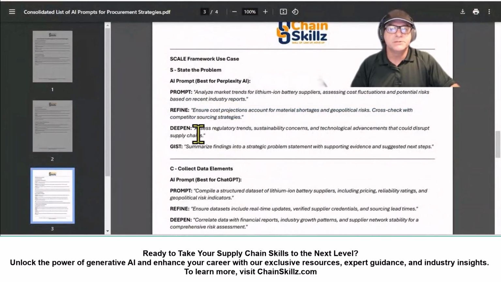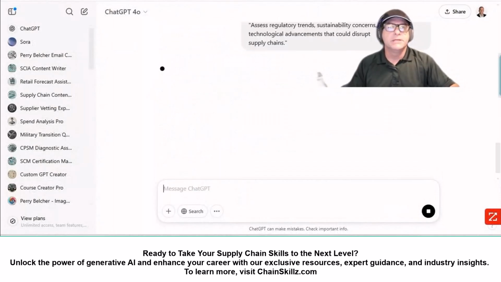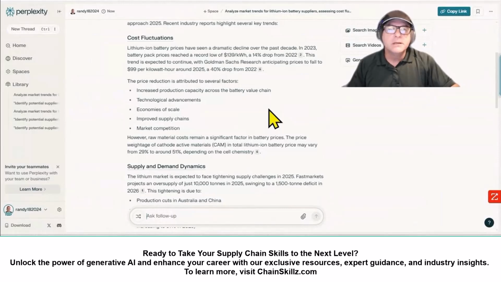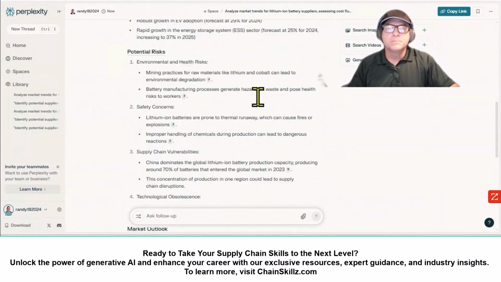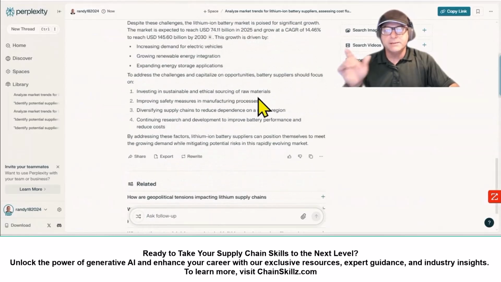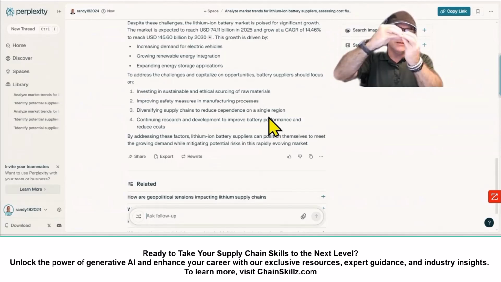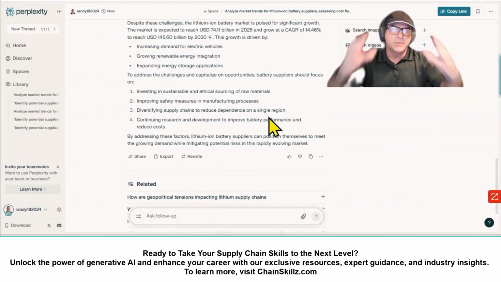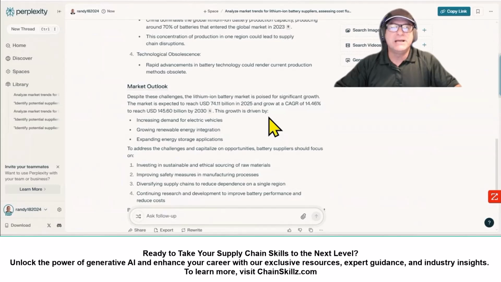Let's assess regulatory trends. I'm going to come to complexity here in a second. While that's working: cost fluctuation, supply demand drags. Now with make.com, we can take the answers from Perplexity, ChatGPT and Gemini, have them consolidated into one and summarized to have the most robust answer in the world based on what's available out there.